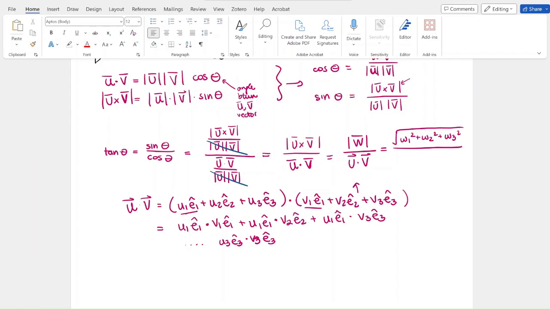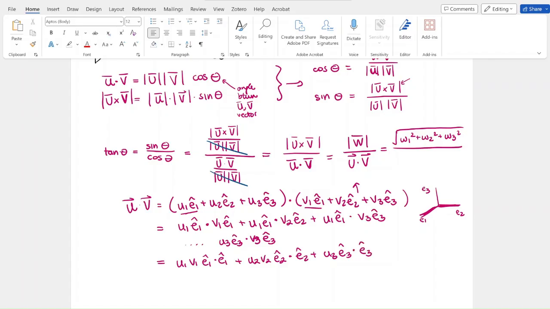So the fast way is simply u1 v1 e1 hat dot e1 hat plus u2 v2 e2 hat dot e2 hat plus u3 v3 e3 hat dot e3 hat.